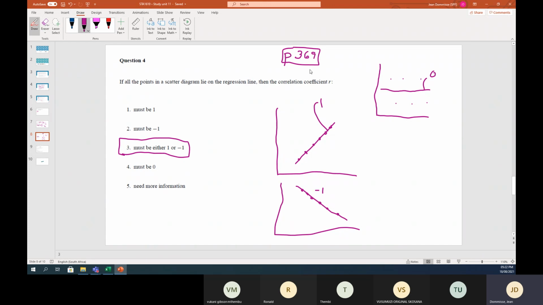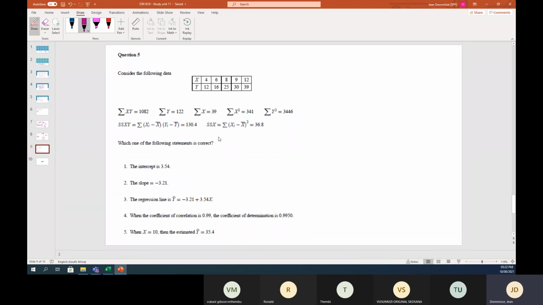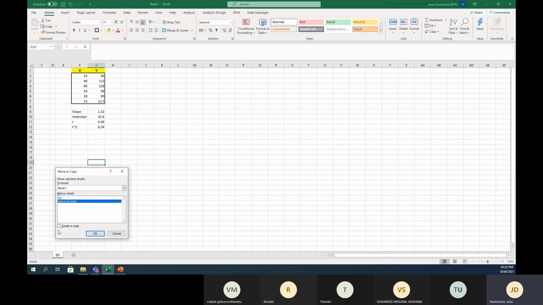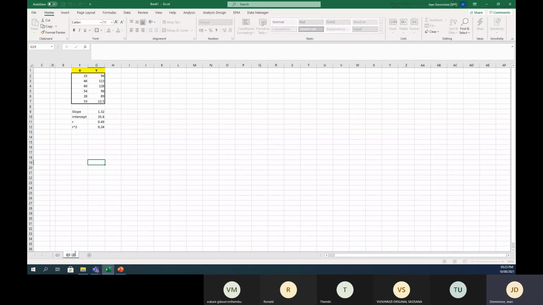Then I want to show you another example. Again, I want to use Excel, so I want to look at the spreadsheet and use that. I'm just creating a copy of a previous one.